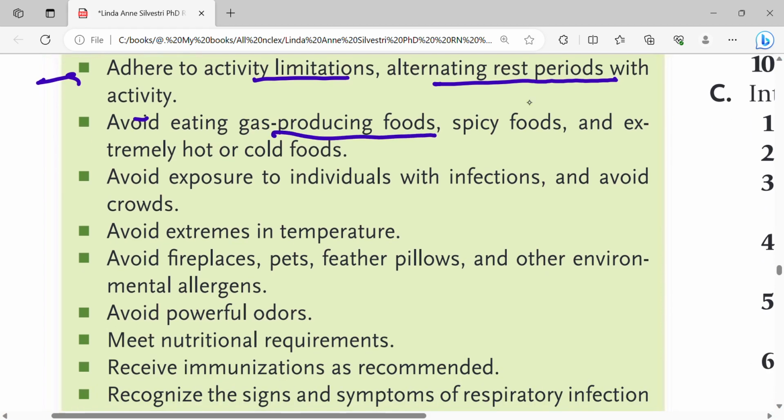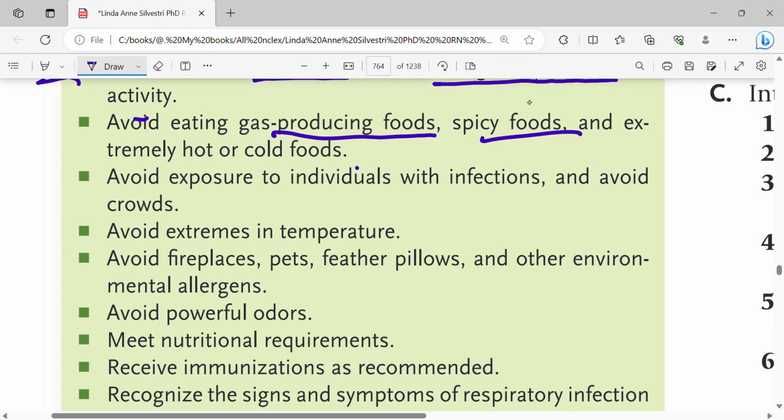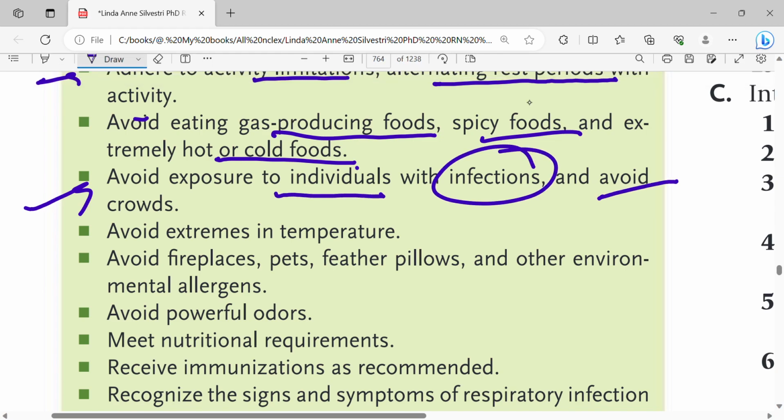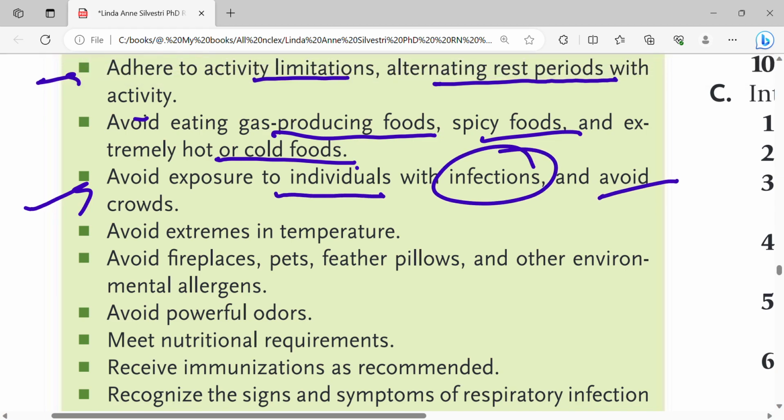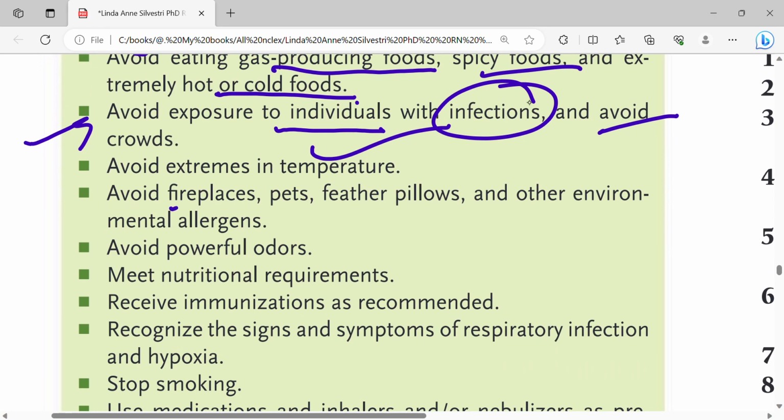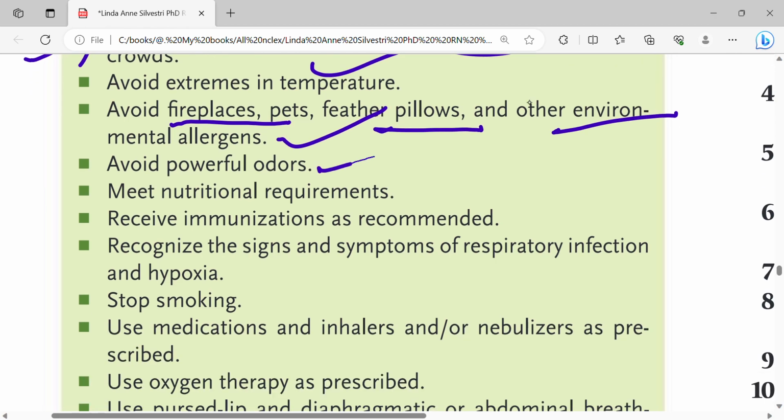Avoid eating gas producing foods, spicy foods, and extremely hot and cold foods. Avoid exposure to individuals with infections and avoid crowds. Avoid extremes in temperature. Avoid fireplaces, pests, feather pillows, and other environmental allergens. Avoid powerful odors like perfume and all.